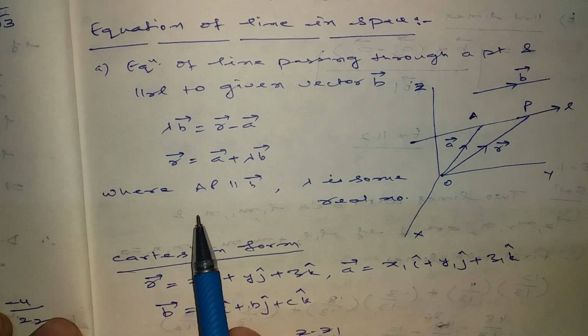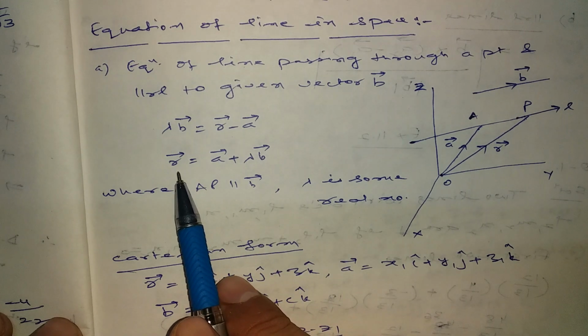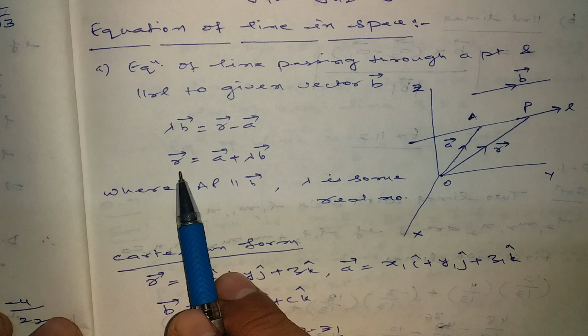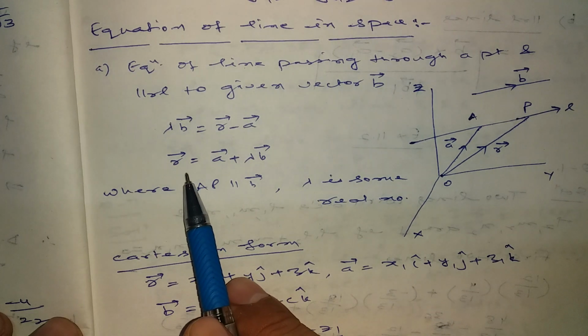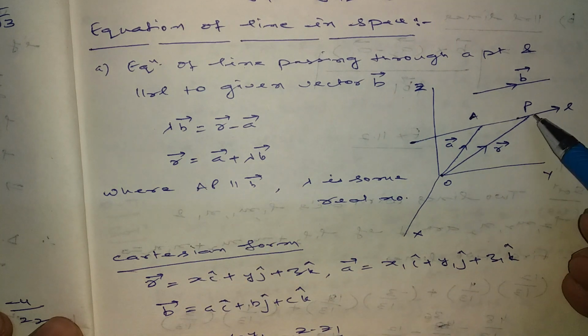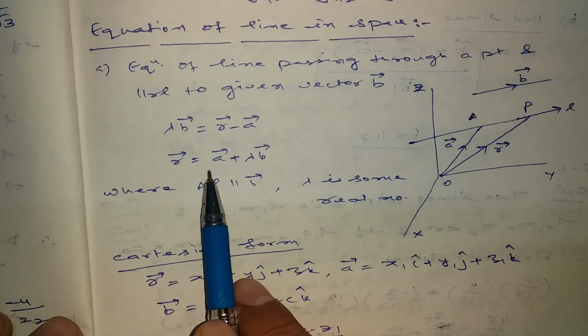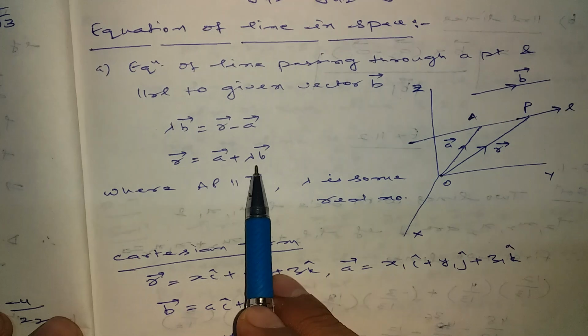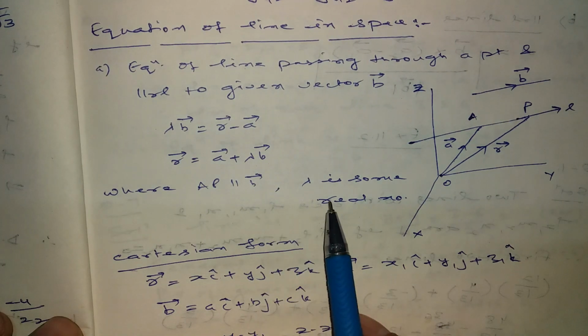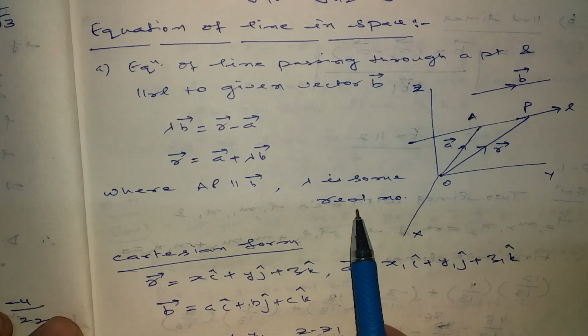Then the vector equation you can directly write as r vector, where r is the position vector of any point P. So r vector is a plus lambda b vector, where lambda is some real number.